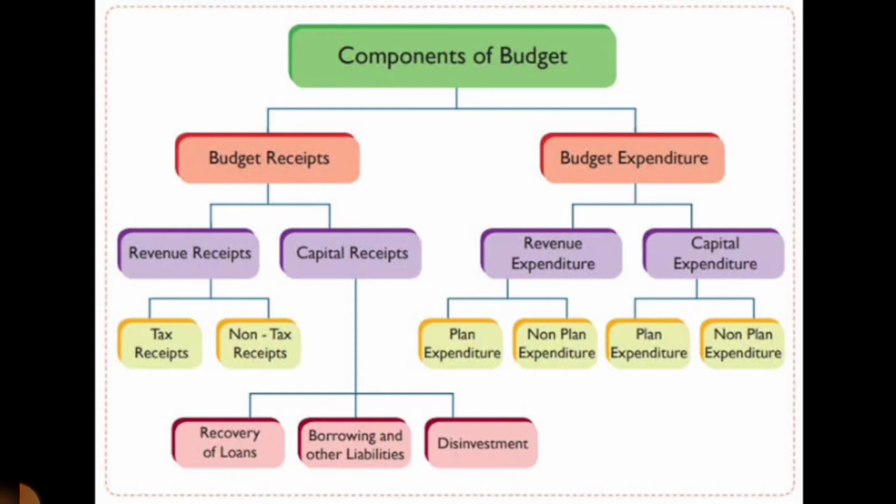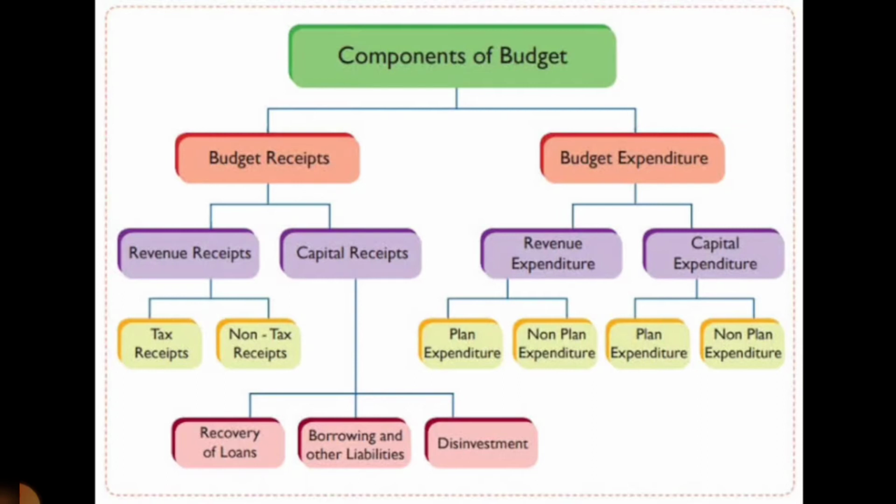Then borrowing and other liabilities: if the government has borrowed some money from the RBI, it is also counted in receipts. The RBI or other organizations like the World Bank or International Monetary Fund, or some other countries, give loans to the government at a cheap rate, and these are also a part of the capital receipts of the government.